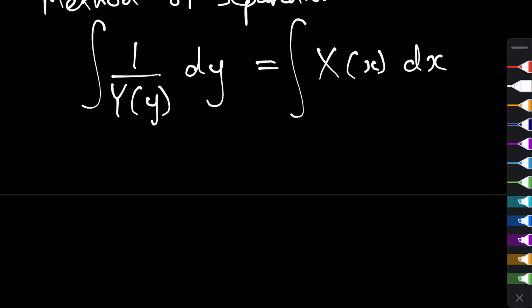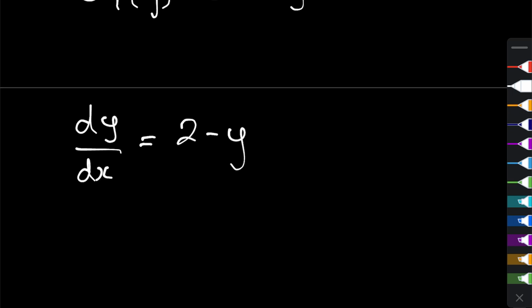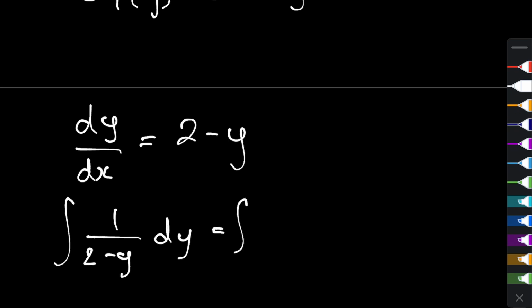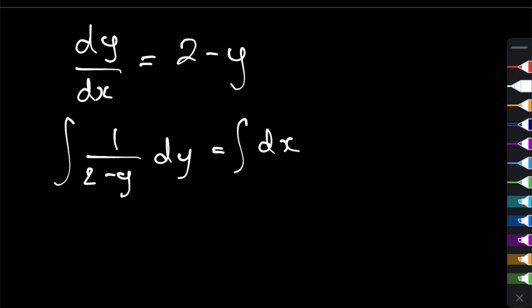So let's start off with a few examples. Say you have dy dx is equal to 2 minus y. That's fairly straightforward. You can get the y's on one side integrated and the x's on the other side. Integrating this, we get negative natural log of the absolute value of 2 minus y is equal to x, and we can group the integration constants from both sides together.